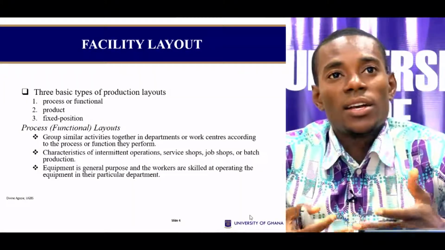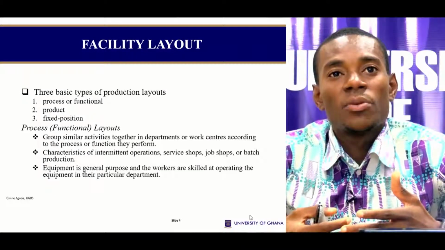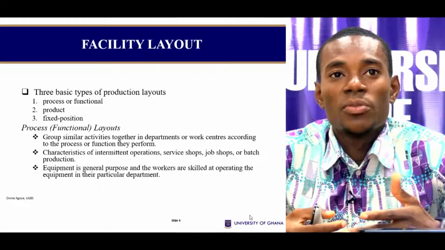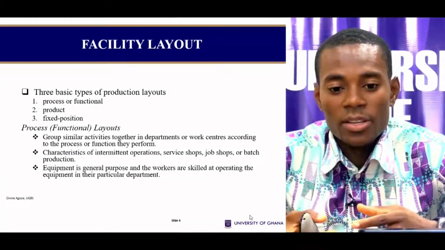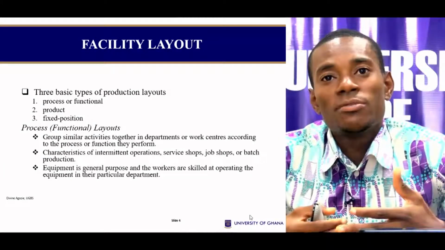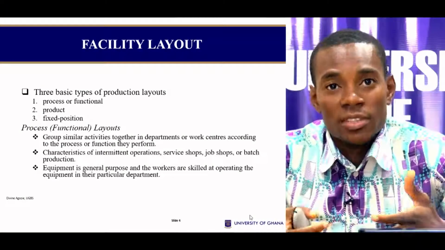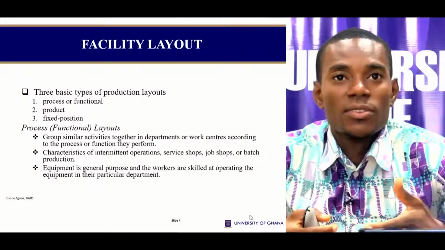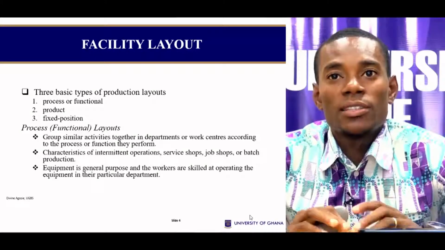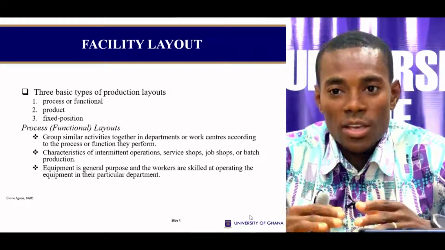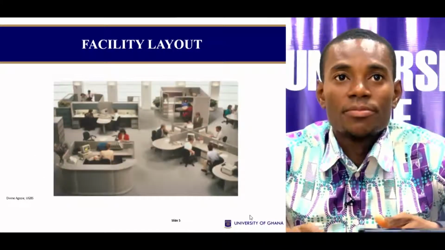Another characteristic is that equipment is general purpose, and the workers are skilled at operating the equipment in their particular department. So you wouldn't find an accountant doing the work of an HR person within the accounts department. Workers are skilled at operating equipment or doing specifically what is peculiar to their department.